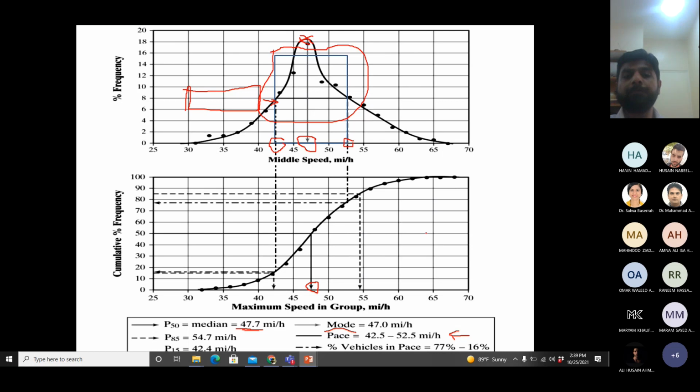First of all, find the pace values, then locate these pace values on the x-axis. So 42.5 is here, and 52.5 will be somewhere here.